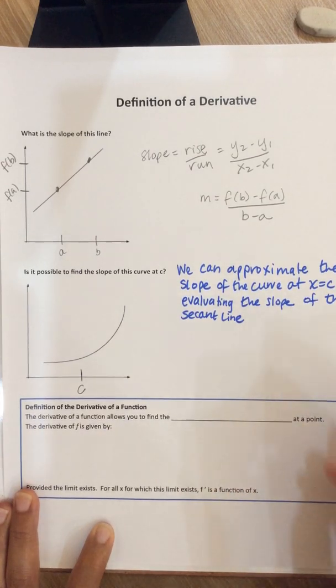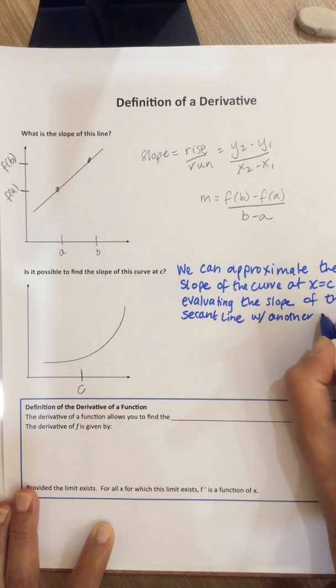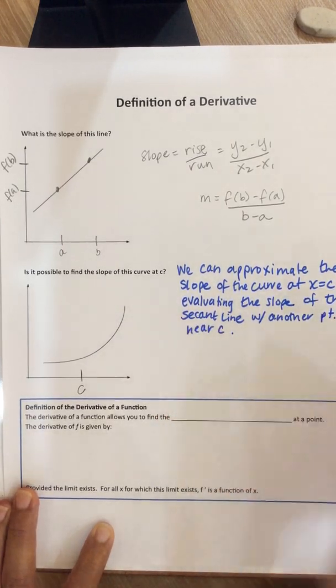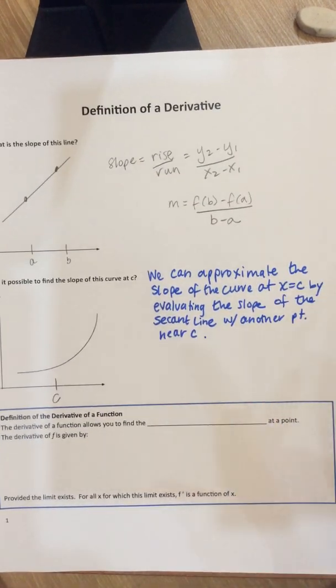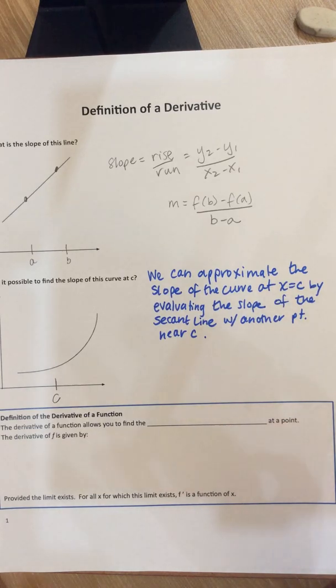Hope you remember what that is. With another point near C. So we can draw a secant line between C and another point near C to approximate the slope.